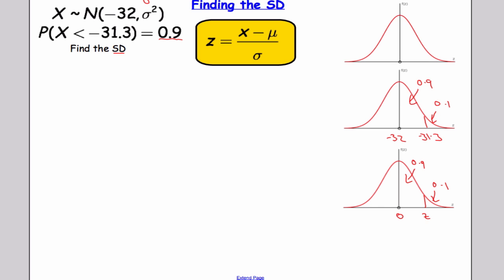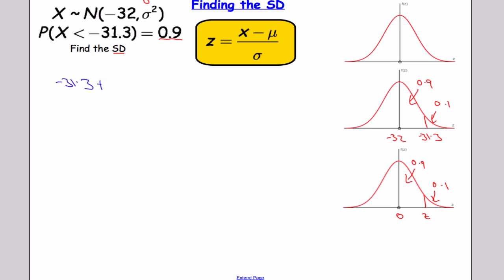So I know that my raw value, which is minus 31.3, subtract the mean, so I'm going to take away the mean, which is minus 32, and we should be quite comfortable knowing that a negative with a negative beside it, negative take away negative, or minus minus beside each other, actually becomes positive.